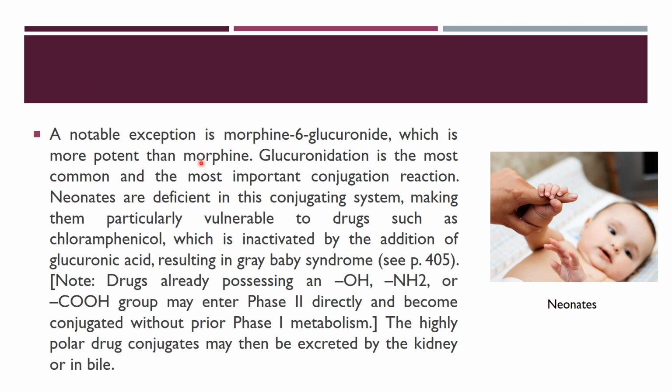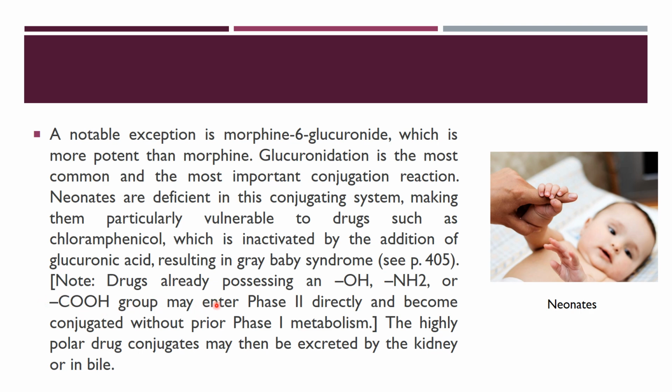A notable exception is morphine 6-glucuronide, which is more potent than morphine. Glucuronidation is the most common and the most important conjugation reaction. Neonates are deficient in this conjugation system, making them particularly vulnerable to drugs such as chloramphenicol, which is inactivated by the addition of glucuronic acid, resulting in gray baby syndrome.